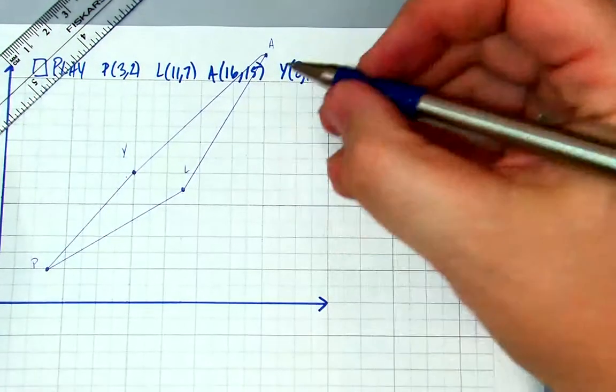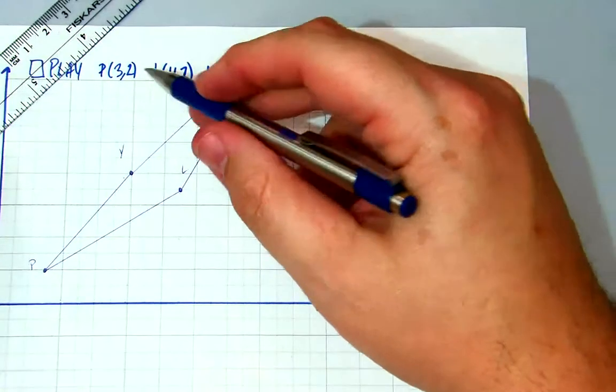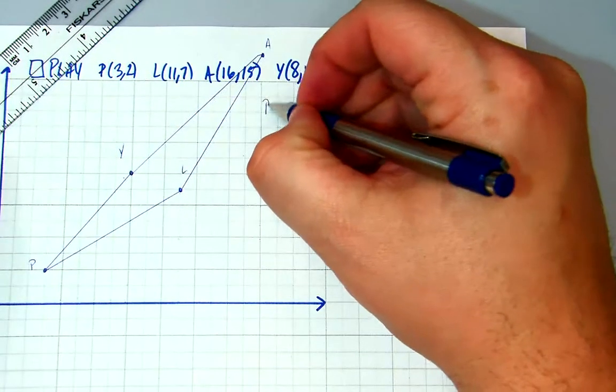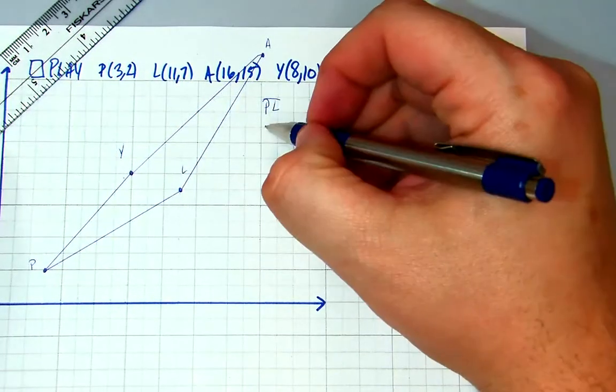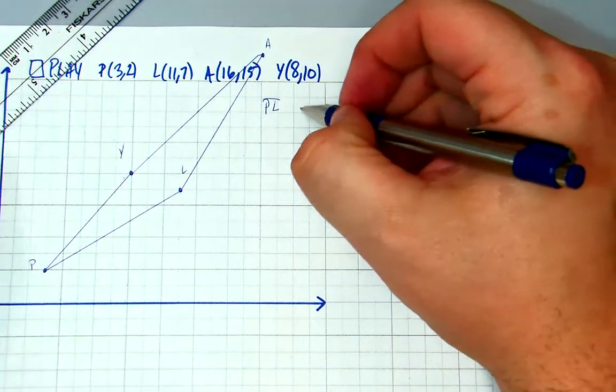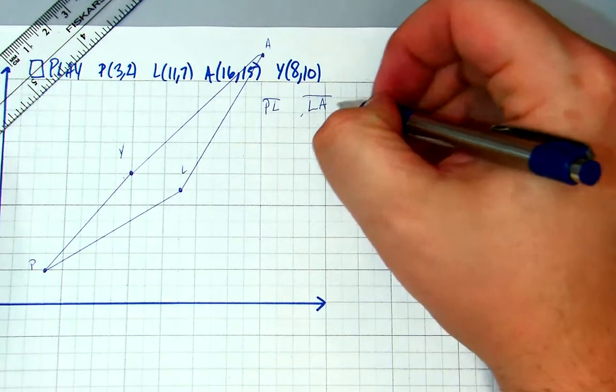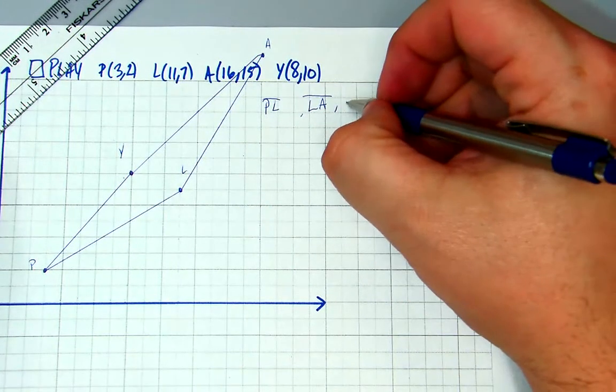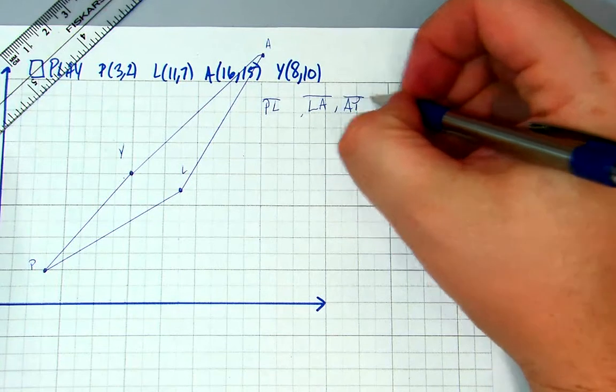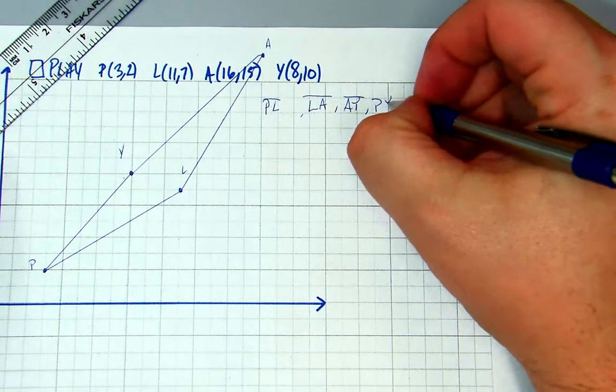Now, identify the sides. PL is a side. So length PL is a side. LA is a side. AY is a side. And PY is a side.